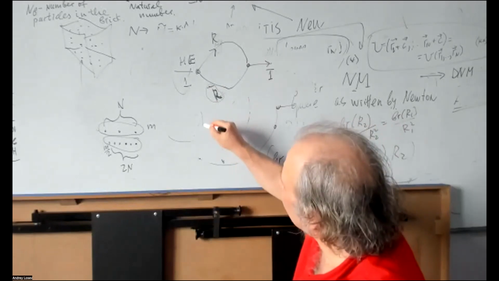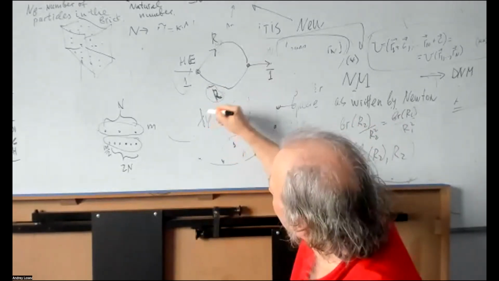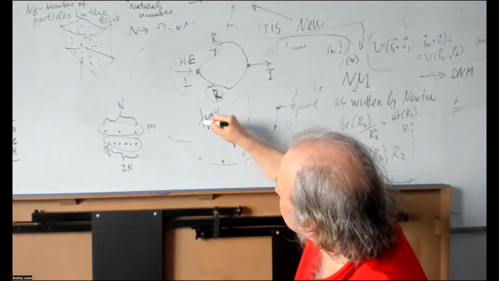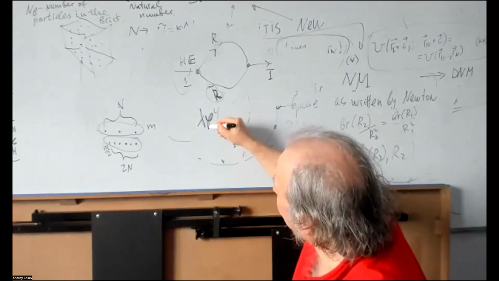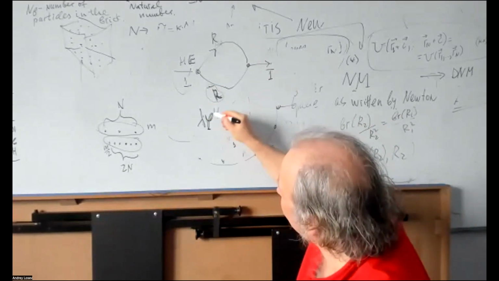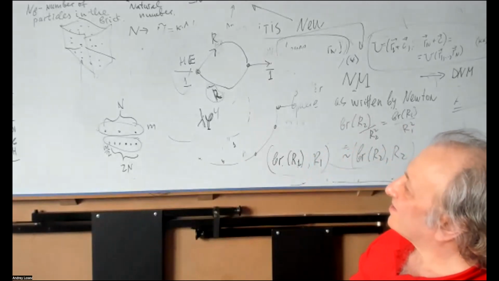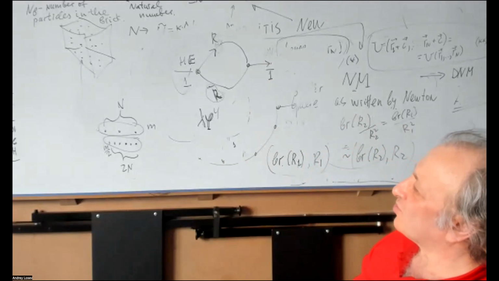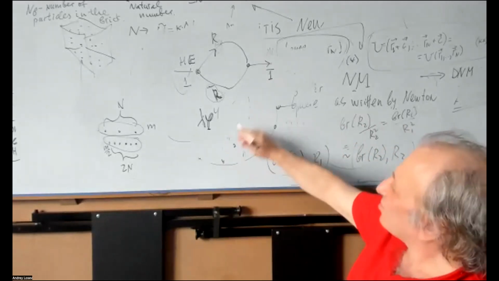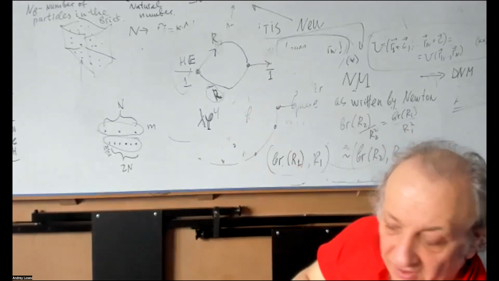In the lambda phi-4 model, there is a phase of field phi, and the phase is a non-trivial representation of the symmetry group. However, there is also a radial piece of phi.